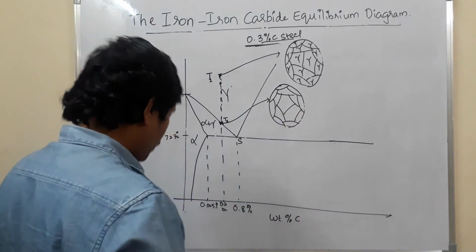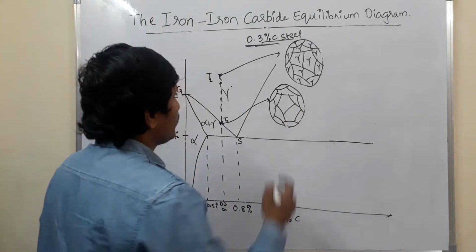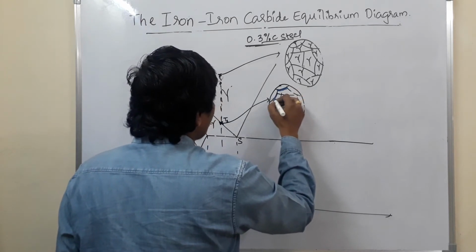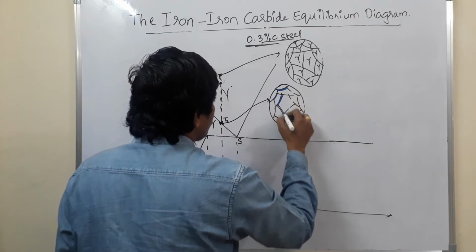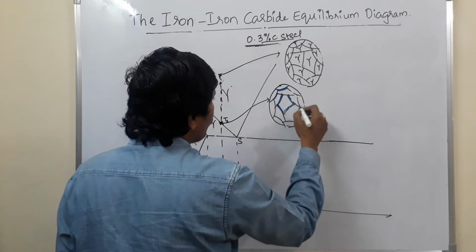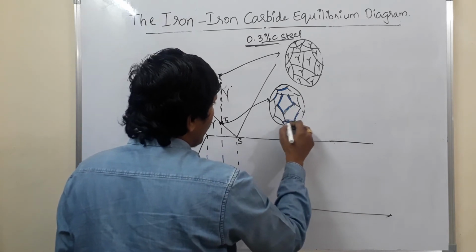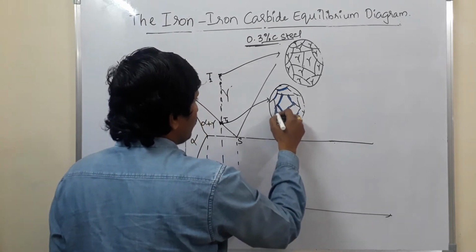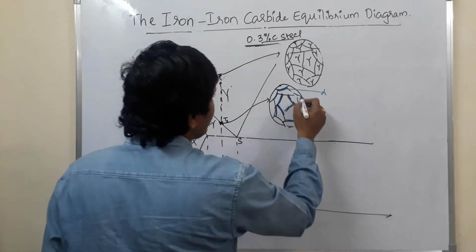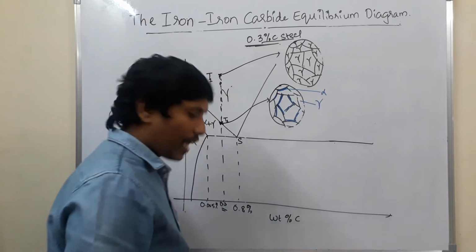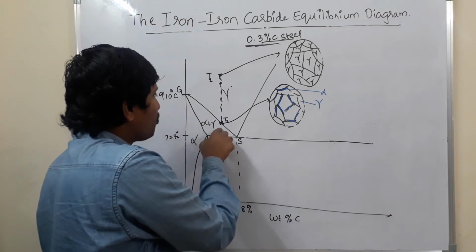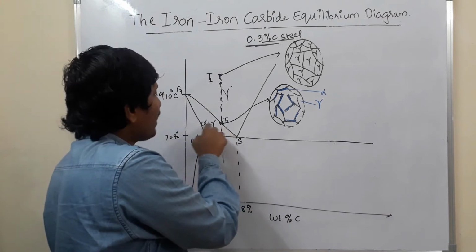This is the portion where ferrite starts forming, and I am indicating ferrite along the grain boundaries of austenite like this. This corresponds to alpha ferrite and this corresponds to austenite, the gamma grains. You can observe that below this point ferrite starts forming.